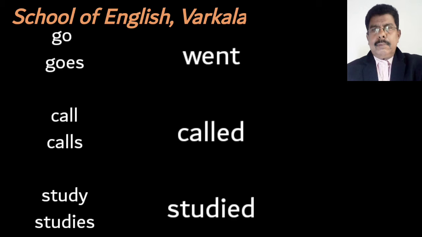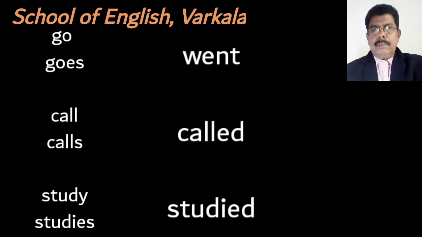Do you know how many tenses there are in English? There are 12 tenses. Out of that, simple present and simple past are 2. So 12 minus 2 is 10. The remaining 10 tense forms are framed with the help of auxiliary verbs.